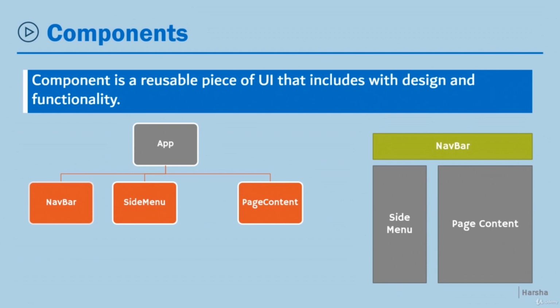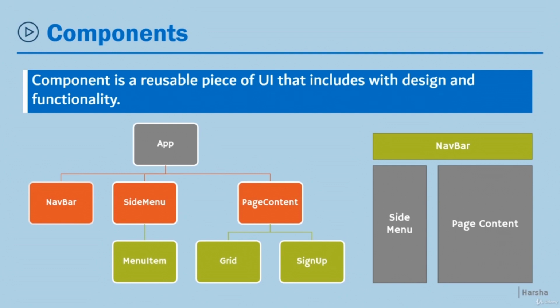And each component can have children. For example, the side menu has menu items and page content may have a grid or sign up page. And of course, these components can also be reusable. So as you keep on nesting the components, the component hierarchy will be formed where the app is the ultimate root or parent level component.